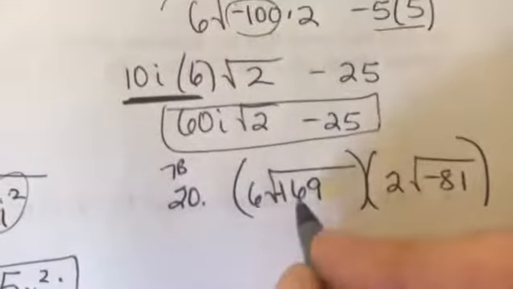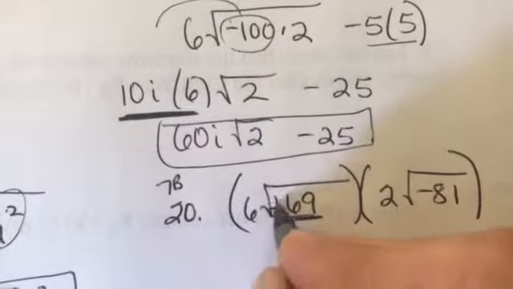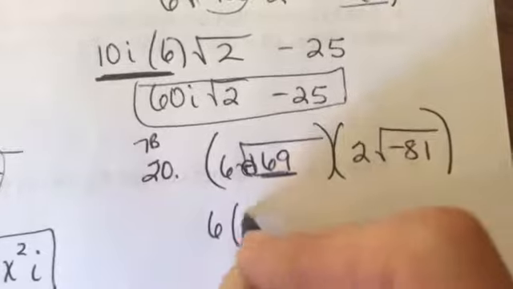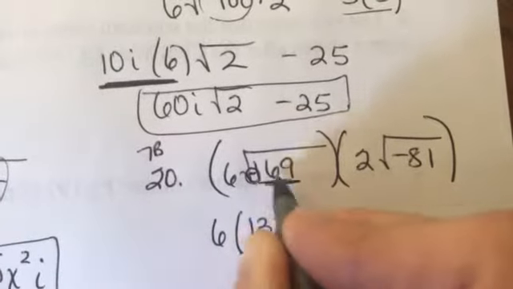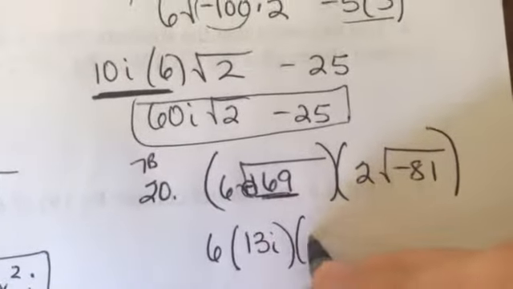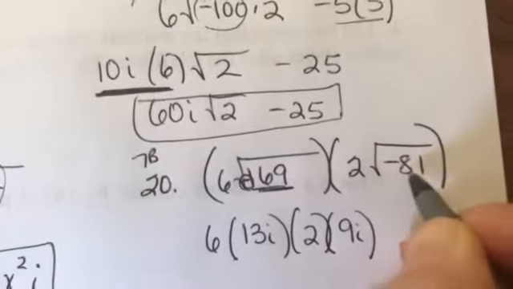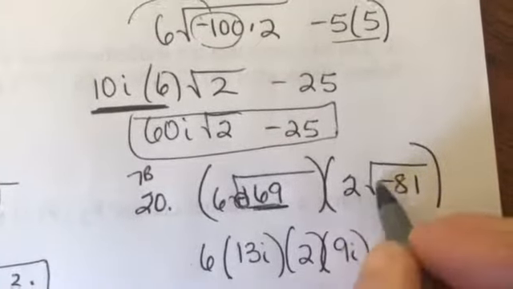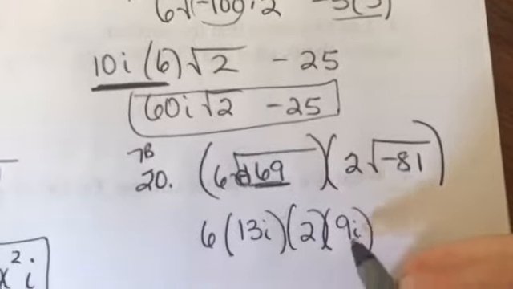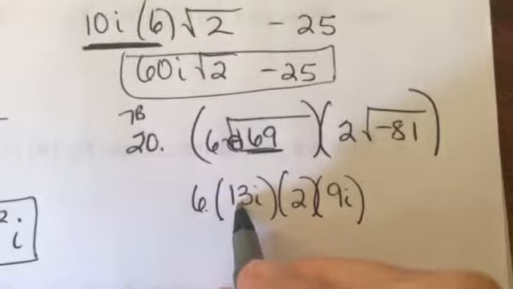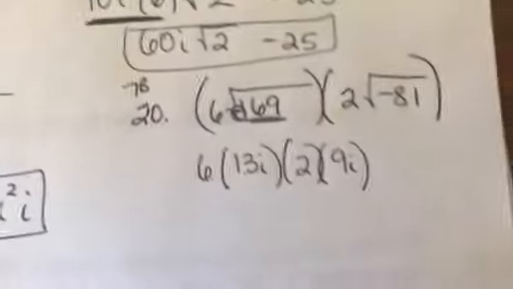Okay, what about this one? Ooh, I think that's a perfect square, and I had to squish in my little negative. I about forgot it. So I have 6. That would give me, what, a 13i, because the square root of 169 is 13, times 2 times 9i. Okay, remember the square root of 81 is 9. When you pull out the negative, it's an i. So use your calculator and hit what is 6 times 13 times 2 times 9.